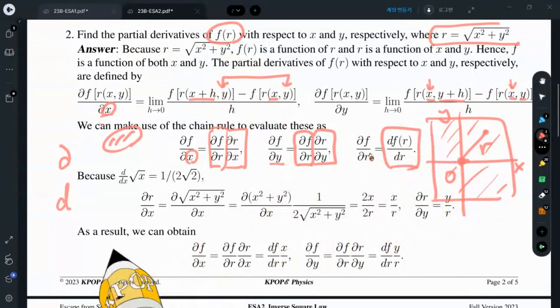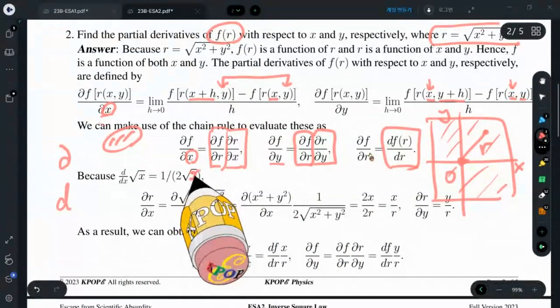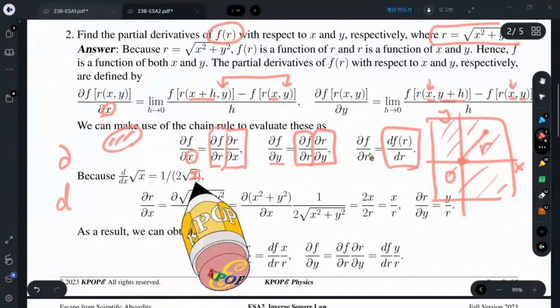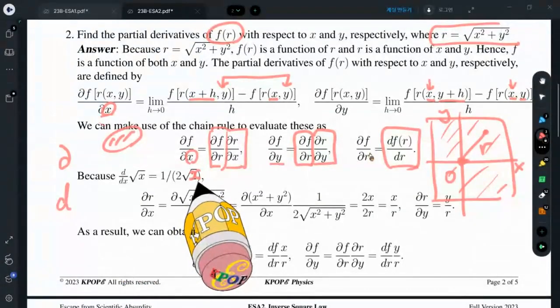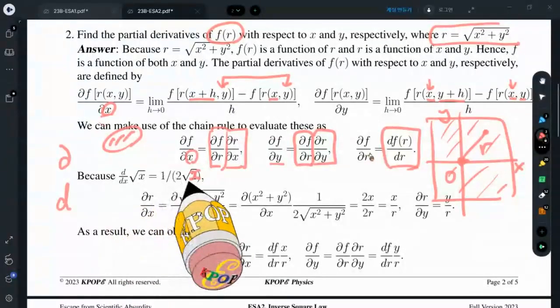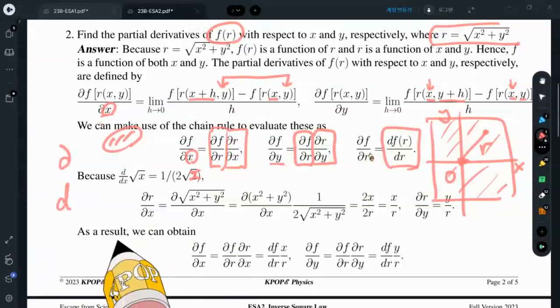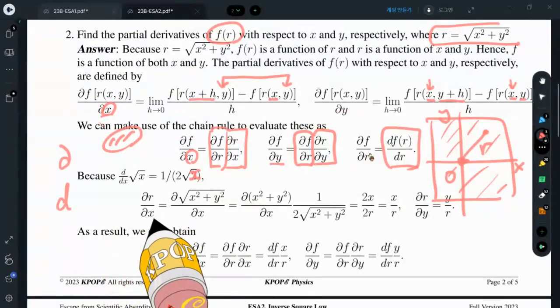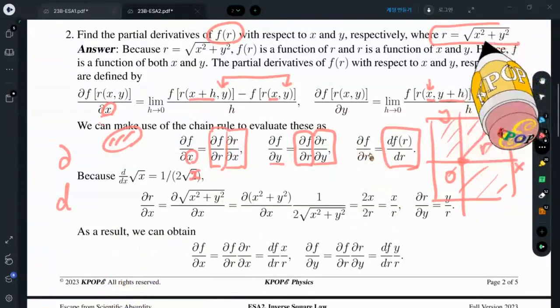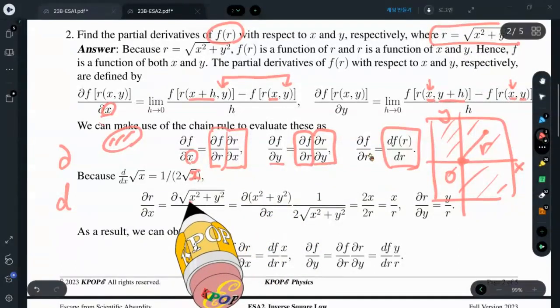Okay, we are ready to attack the problem. Oh, there is a typo. Instead of 2, it should be x. So the derivative of the square root is 1 over 2 square root of x. And therefore, as a partial derivative, we use this expression here. And again, we use the chain rule.